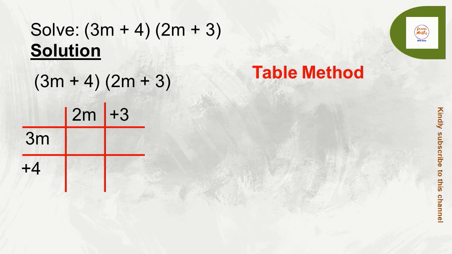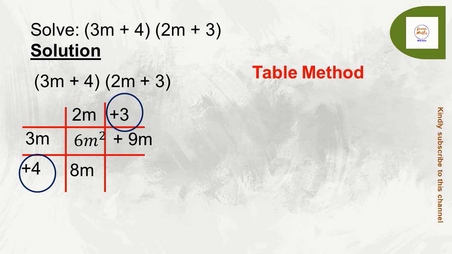Let's visualize it. We have 3m and 2m. So what do we do? Multiply those two first and write the answer under. So you have 6m squared. Then you have 3m and the other number, which is 3, to have plus 9m. Then we have plus 4 and the first number up, which is 2m, to get 8m.